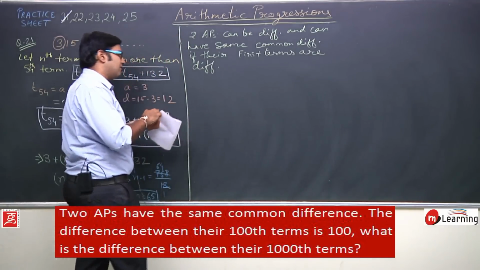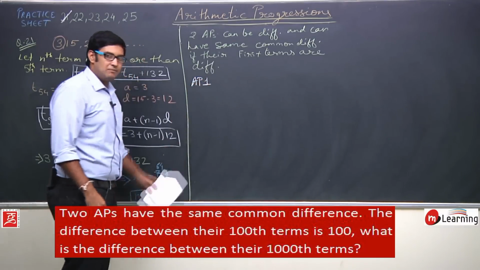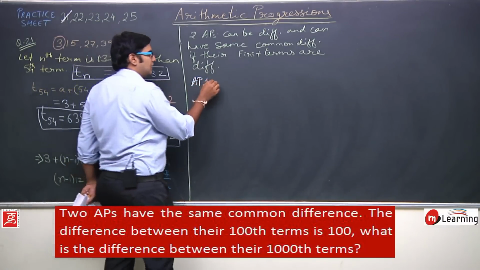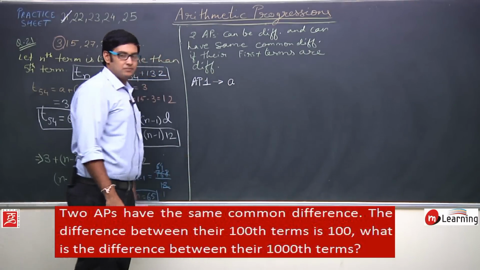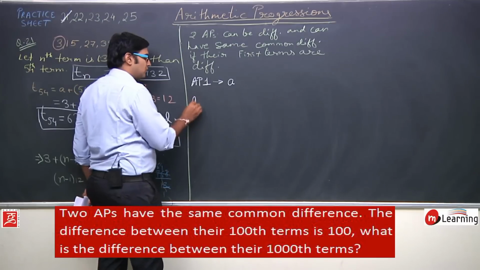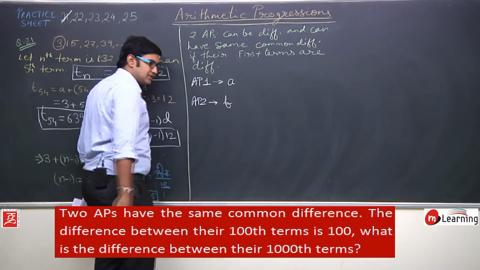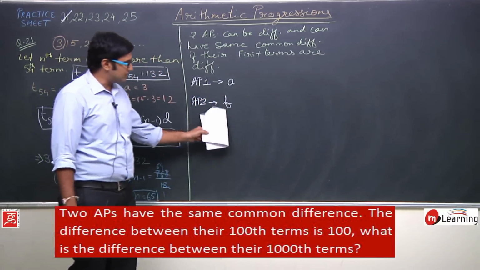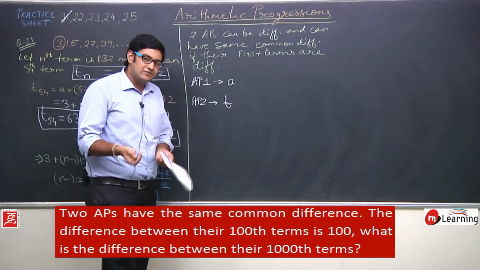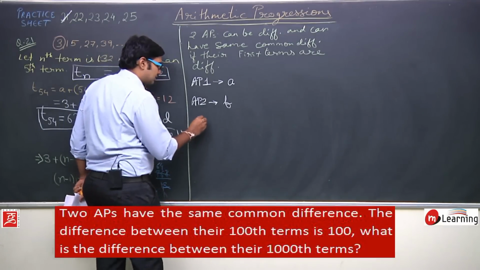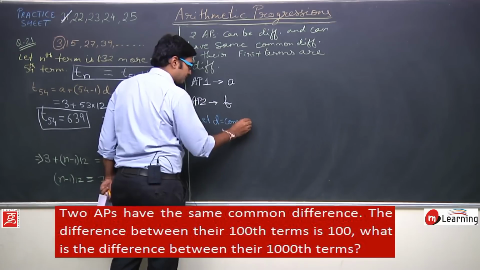Let us say I name the first AP as AP1, and let us say the first term of this AP is A. Let us say I have one more AP which is AP2, and the first term of this AP is B. Now, since the two APs have the same common difference, let D be the common difference.